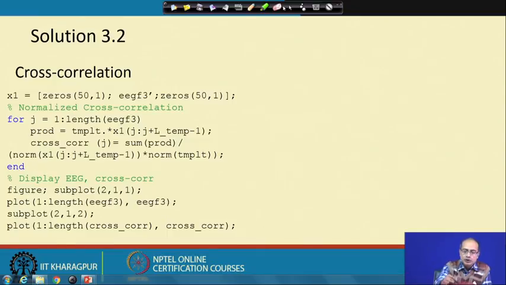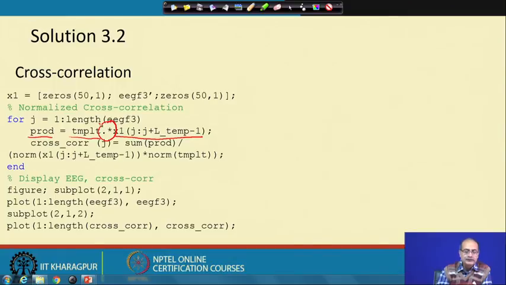Next, we go through the main part of it. We take the product of the template and the part of that padded EEG signal that is kept at x1, and we are taking that sample by sample product, or dot product.